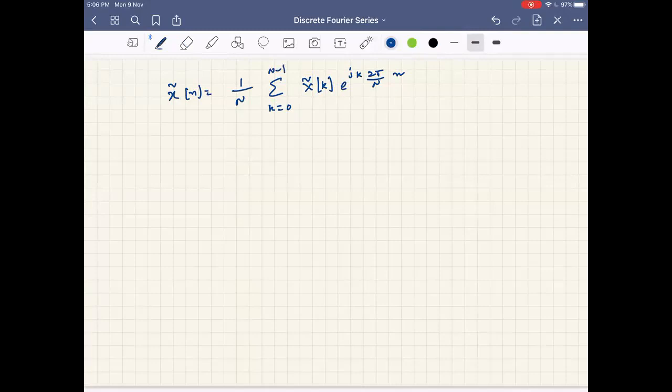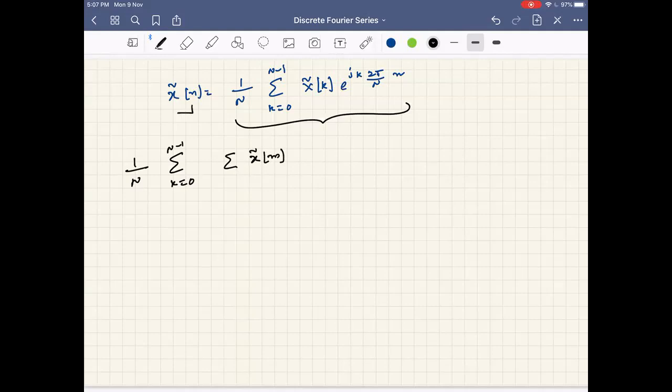So now let us take this right hand side and substitute 1 by N summation k equal to 0 to N minus 1, and x tilde of k we can substitute in terms of the signal x tilde of m, but let us keep the running variable here as m.